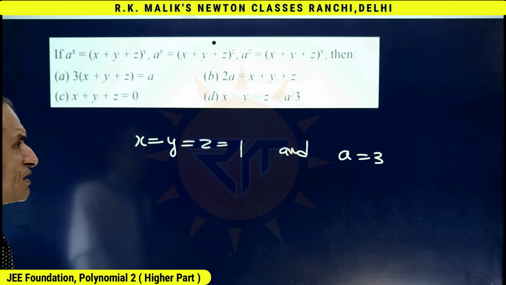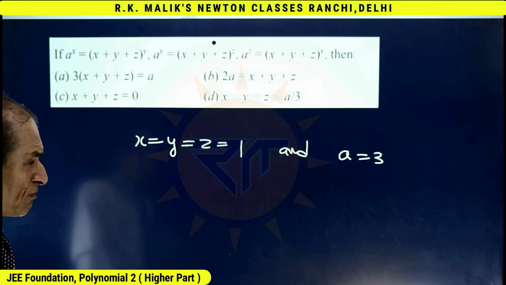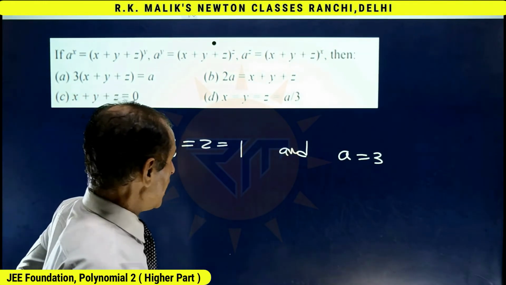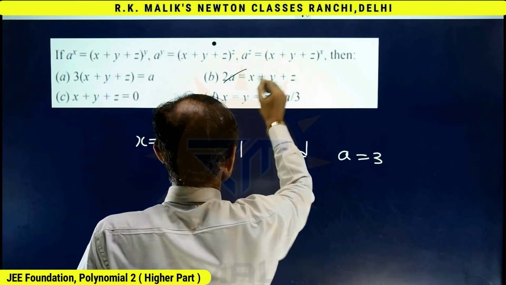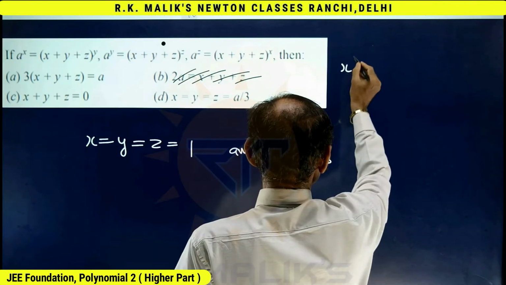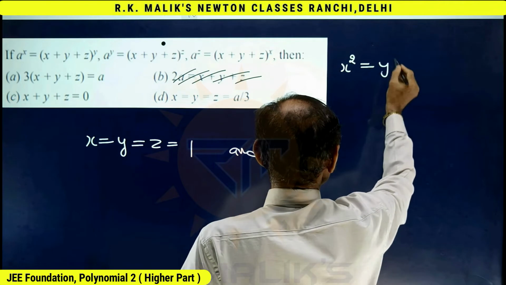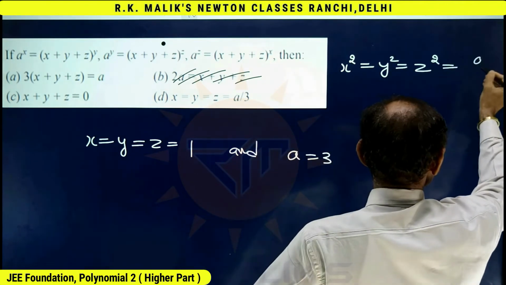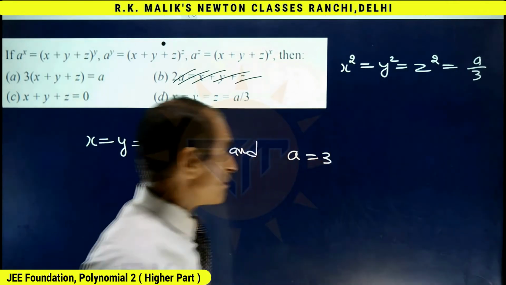You may be thinking that, okay, this way has given me the correct answer. Suppose by chance the examiner has given one other choice as x square equal to y square equal to a by 3.